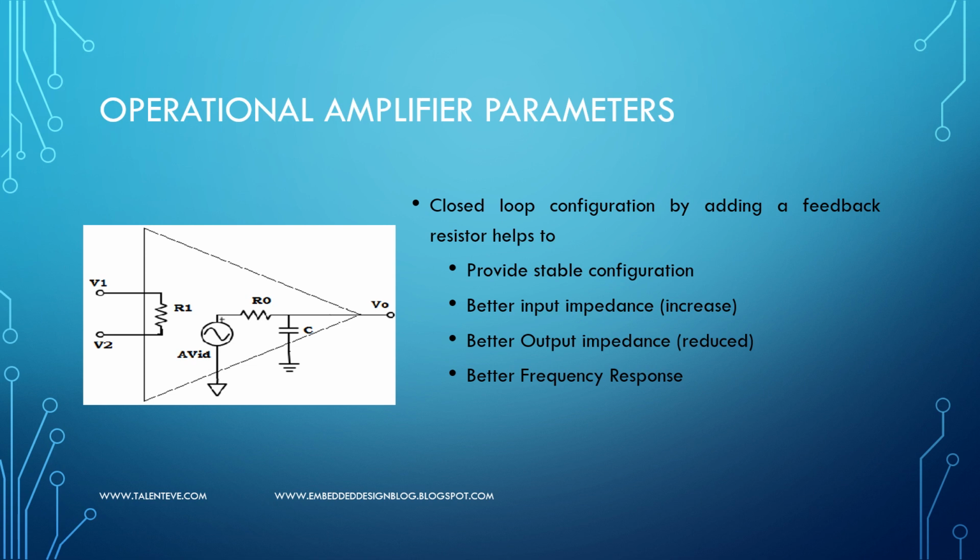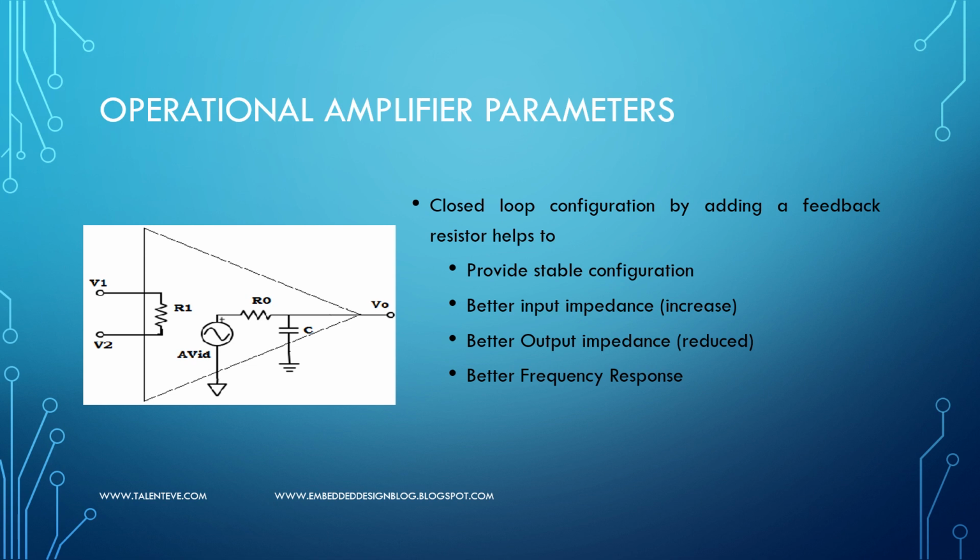What is the advantage of this? We know that an ideal operational amplifier has an infinite input impedance and zero output impedance. So the higher the input impedance and the lower the output impedance, the better the operational amplifier performance. When you have a high input impedance, there will be very little load on the source you are connecting.